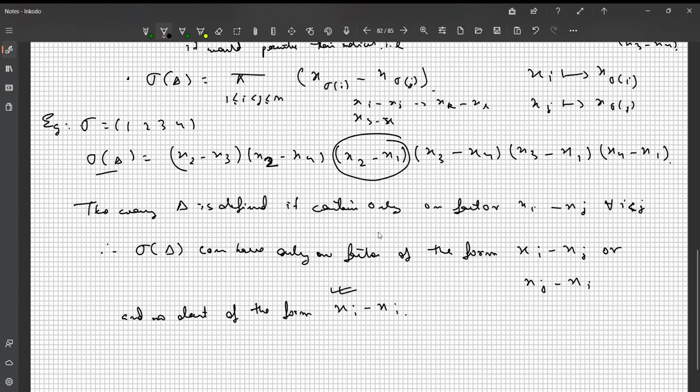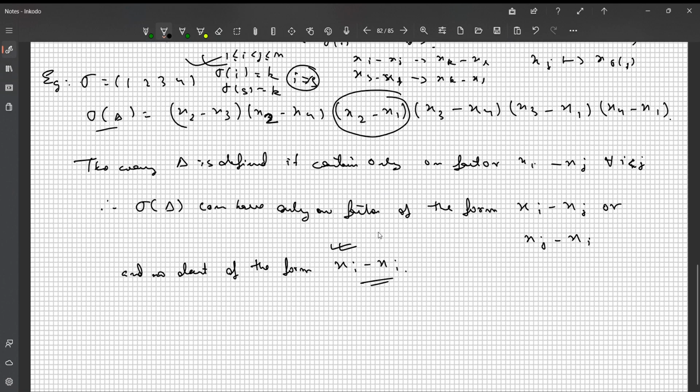Suppose xi minus xj goes to xk minus xl, and let's say xs minus xt also goes to xk minus xl. So that means sigma i equal to k and sigma s is also equal to k, but i is not equal to s. But that is not possible because this is a 1-1 mapping, right? That is the reason why this happens. Got it?